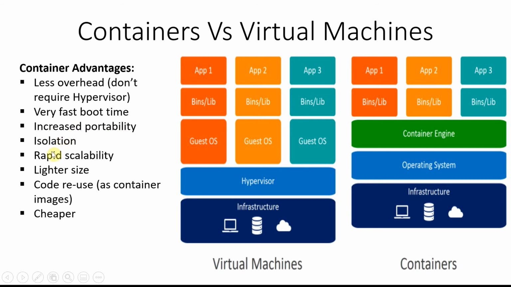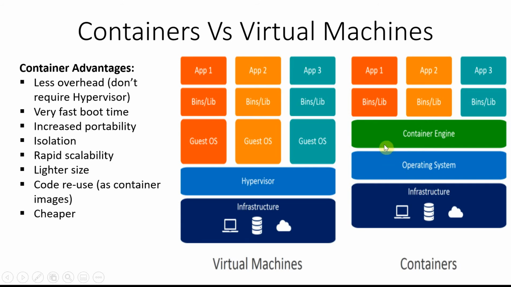Another thing is isolation. Here, the container engine ensures that all the resources being utilized by the specific container image are dedicated, and it is provided an equal share, just like any other binaries deployed on the same container engine.